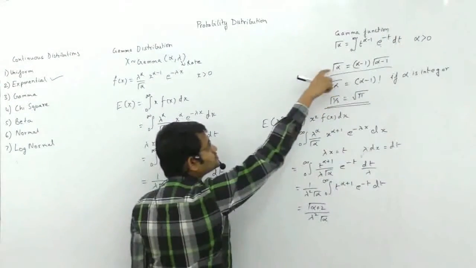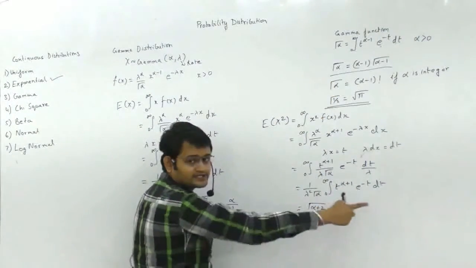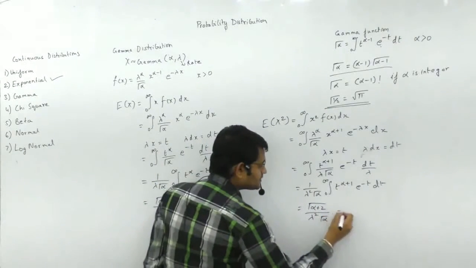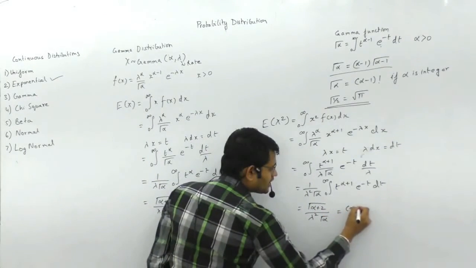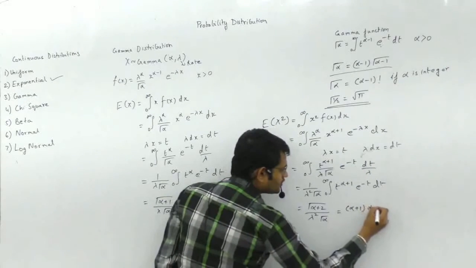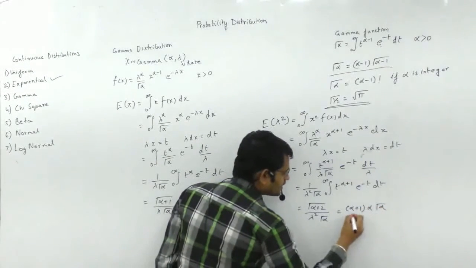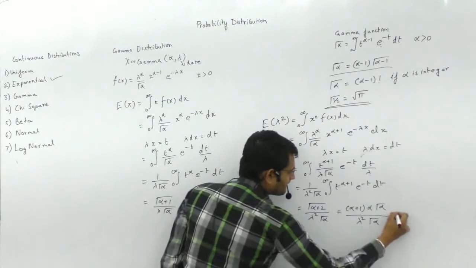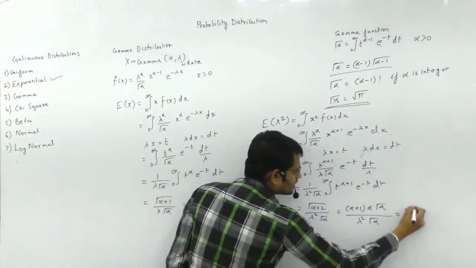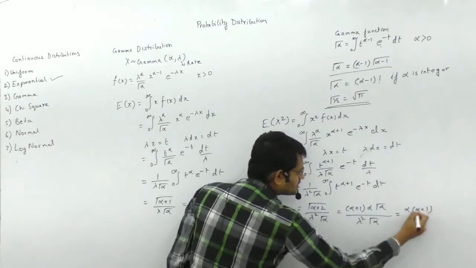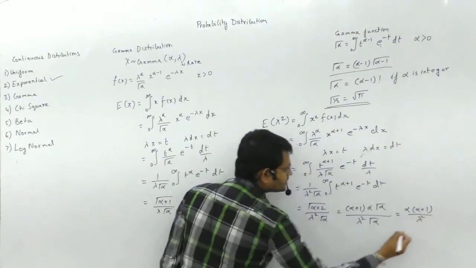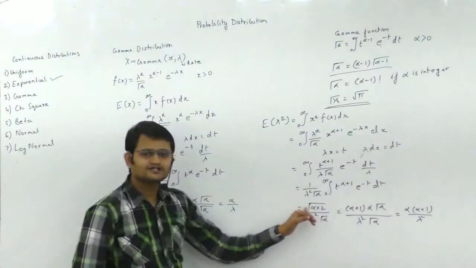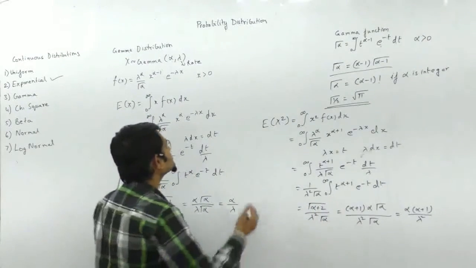Again we can use this particular property to expand this particular gamma alpha plus 2. It will be gamma of alpha upon, or you can say alpha into alpha plus 1 by lambda square. Now I'll explain this again. Gamma of alpha plus 2.